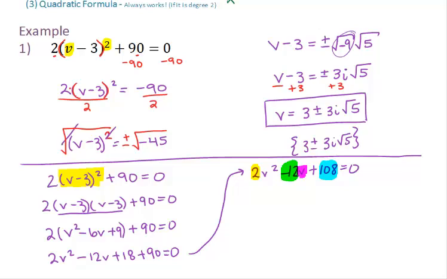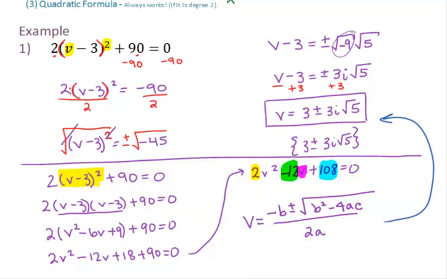So you would plug those a, b, and c into the quadratic equation, which is v equals negative b plus or minus square root of b squared minus 4ac all over 2a. And if you simplified this correctly, you would end up with the same answers that we did up here.